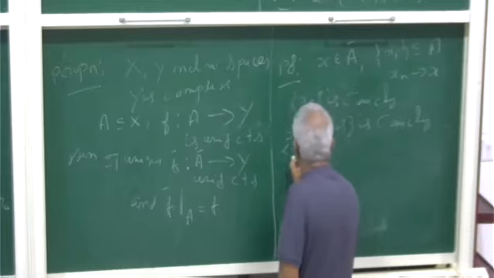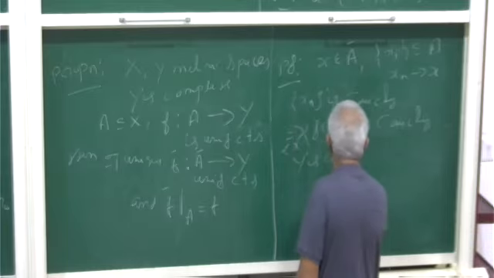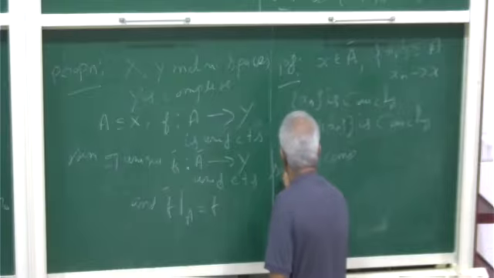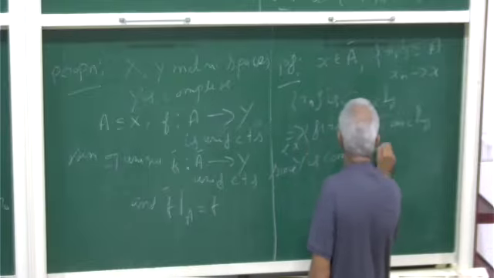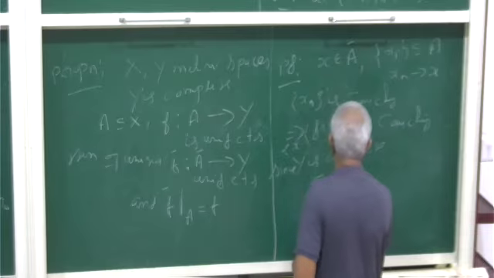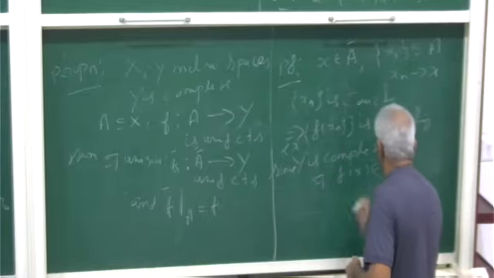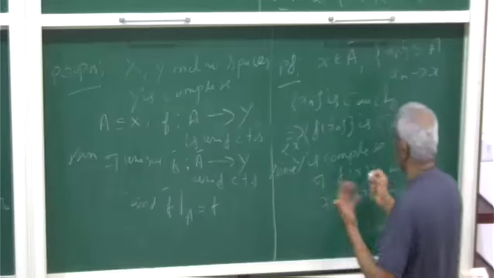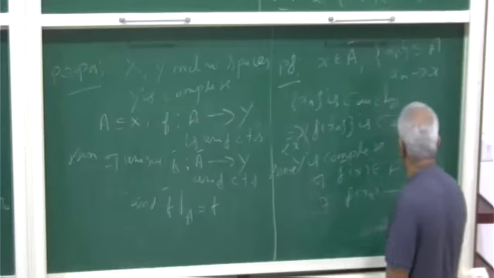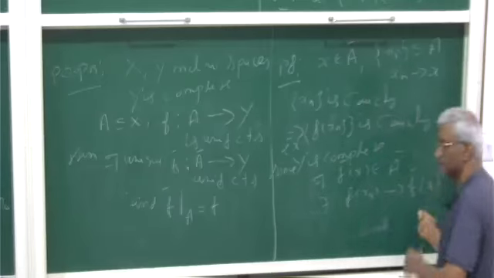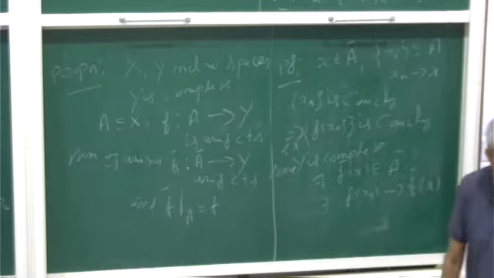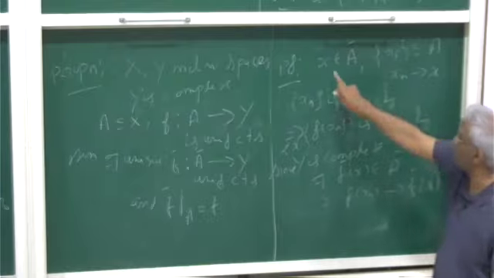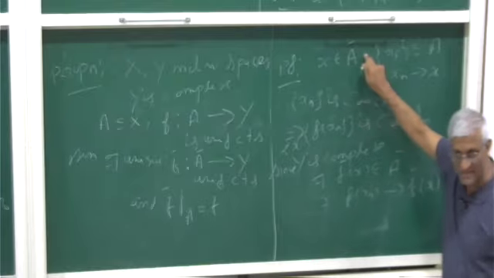Since y is complete, there exists a limit such that f of xn converges to f bar x. We want to define our function on x in A bar.